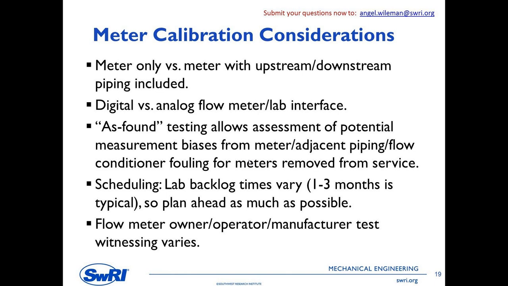So plan ahead, work with your vendors to make sure that if you want the meter calibrated, they've got that in their sights so that they schedule that with a lab ahead of time. It's always bad when the meter's going to go out in the field, everything's built, everything's ready, and then someone says, oh yeah, we should calibrate it. And then either there's a delay or unfortunately it gets installed without it being calibrated and then you incur error.